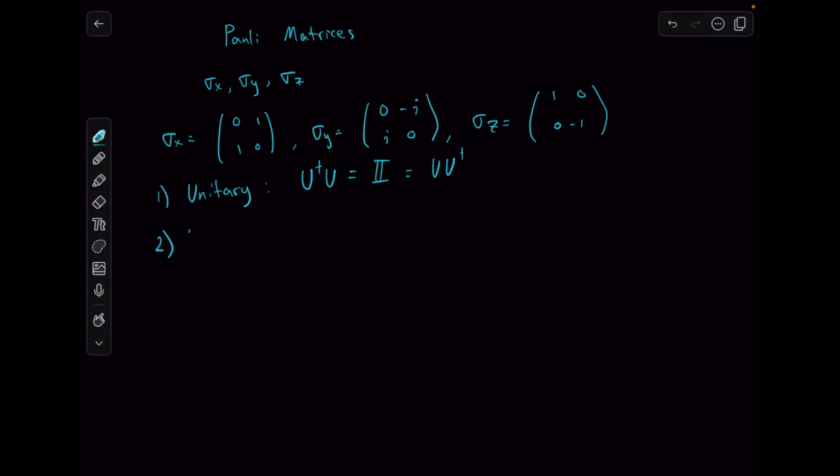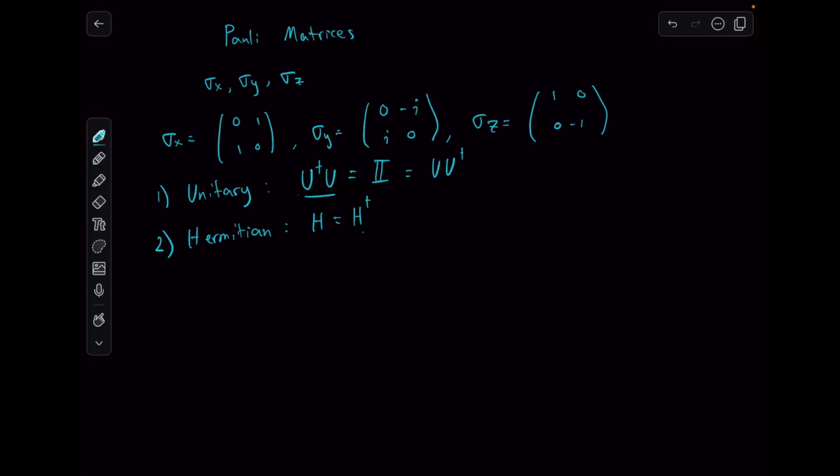And we also talked about Hermitian matrices. And recall that a Hermitian matrix H is equal to H dagger. And this is a different requirement than unitarity. So just know that these two things are different.